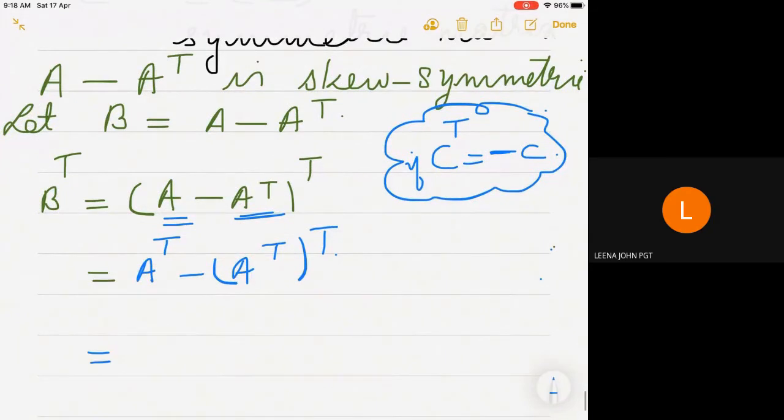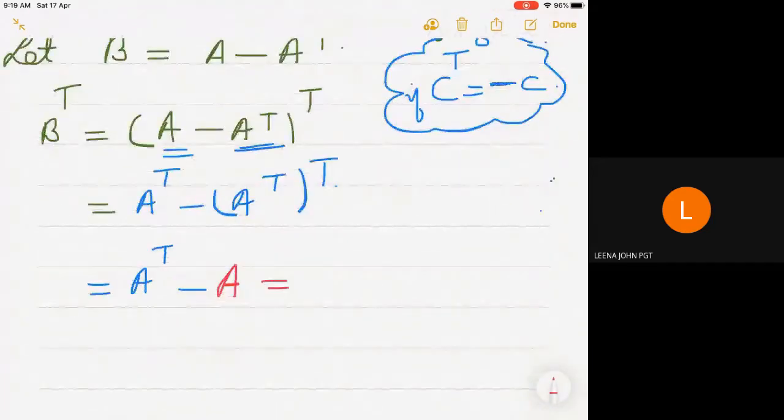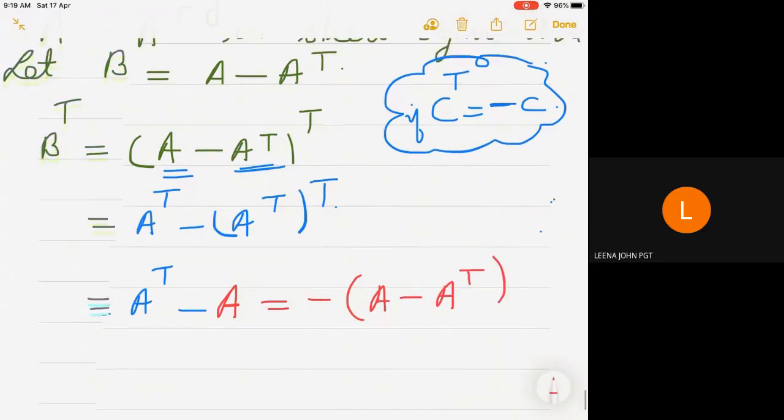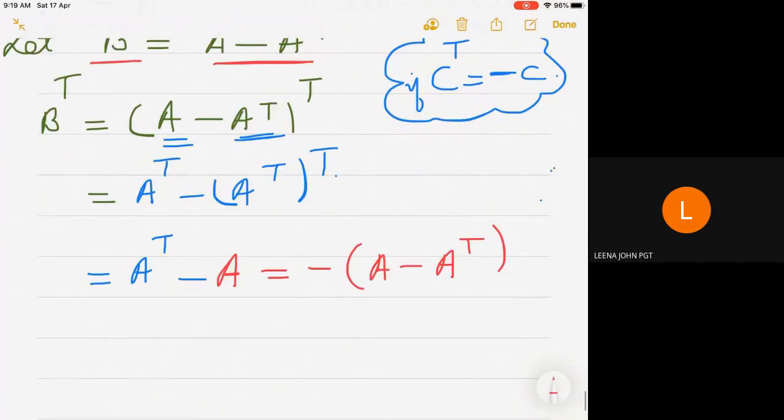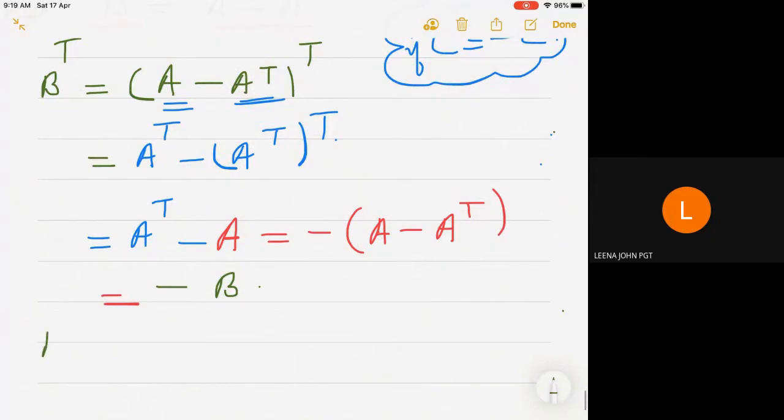Again, by the property of transpose, you know that it is equal to A. If you take one minus outside, what you get is minus A minus A transpose, and you can see that this is nothing but B. So we can write this as minus B. So finally, B transpose equals minus B, that implies B is skew symmetric.